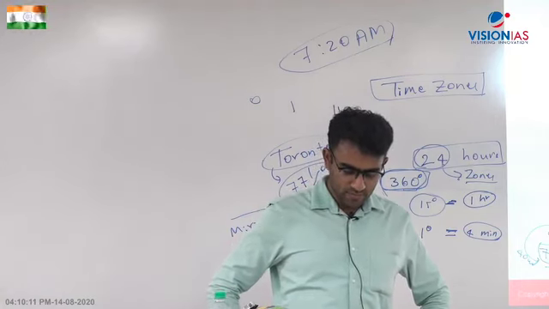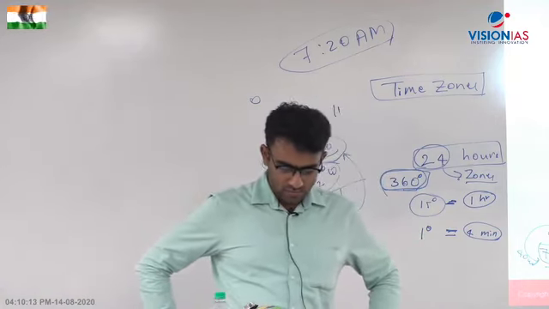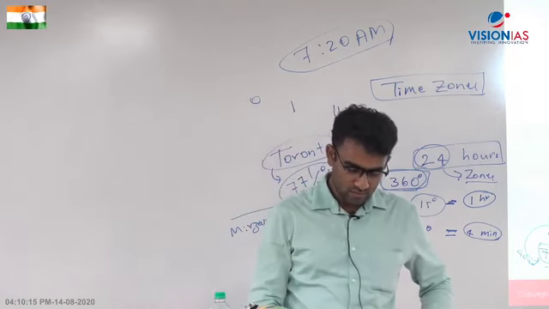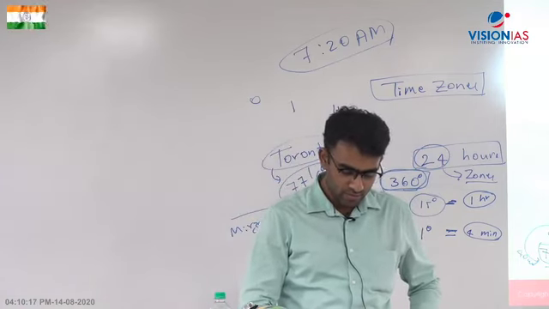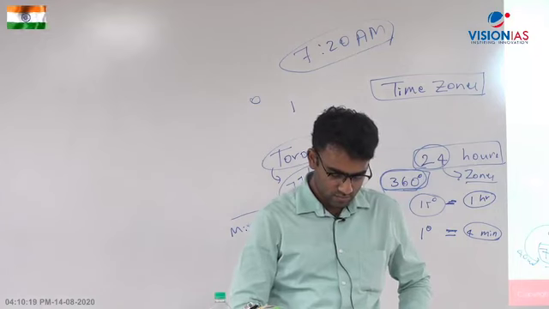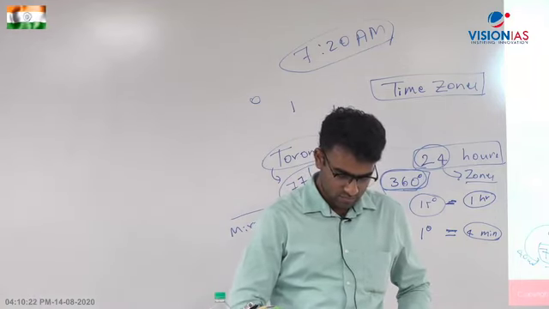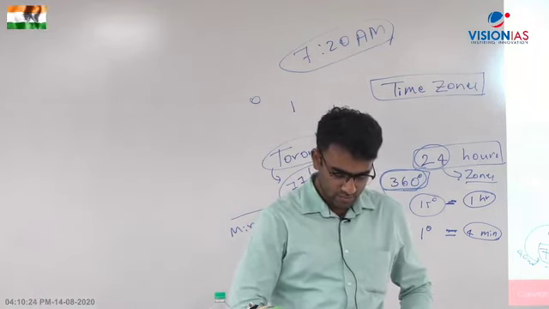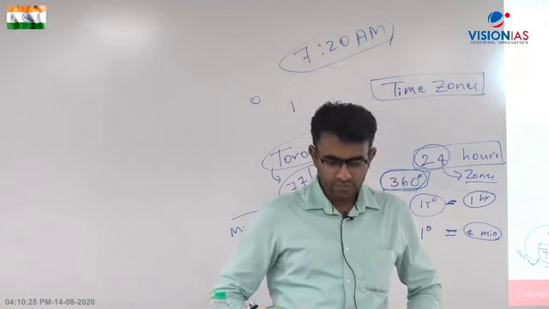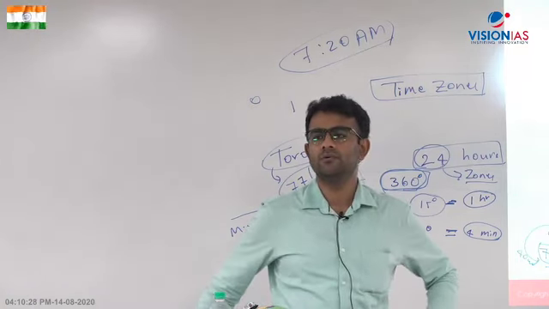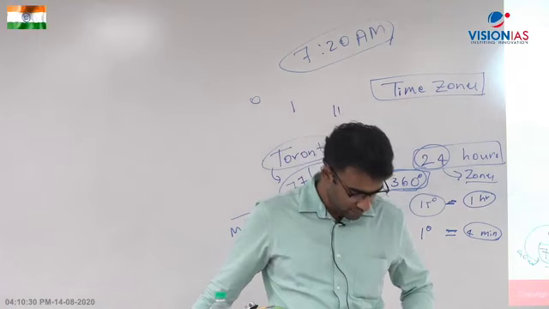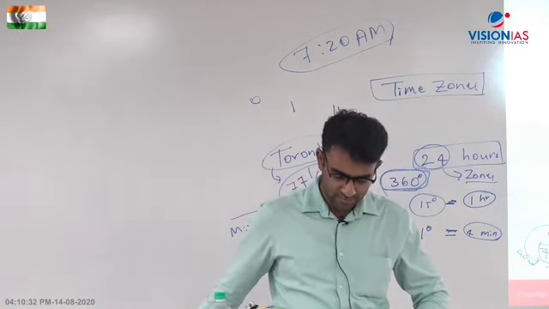Or 1 degree of longitude is equivalent to a time difference of 4 minutes.